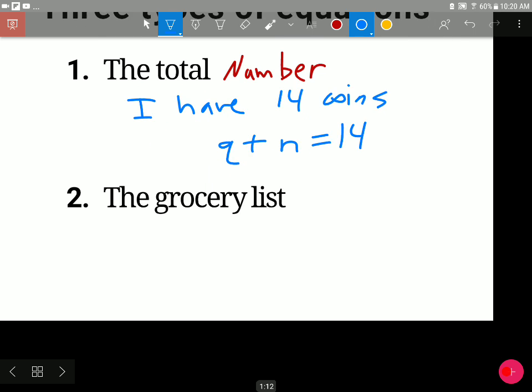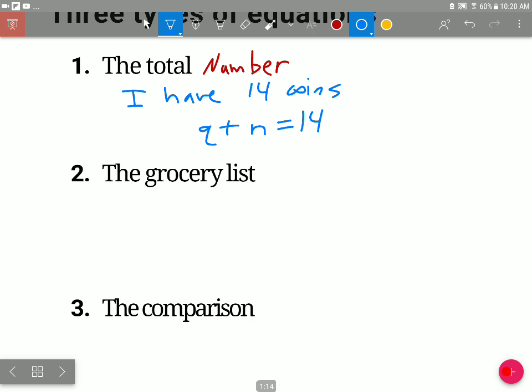The grocery list. Now, I call this a grocery list because you mostly do this at the store. This is the type of thing when, let's say, milk is $2, so that's $2 for a gallon of milk. Milk, M-I-L-K. And let's say eggs are $3, so $3 for a gallon of eggs.